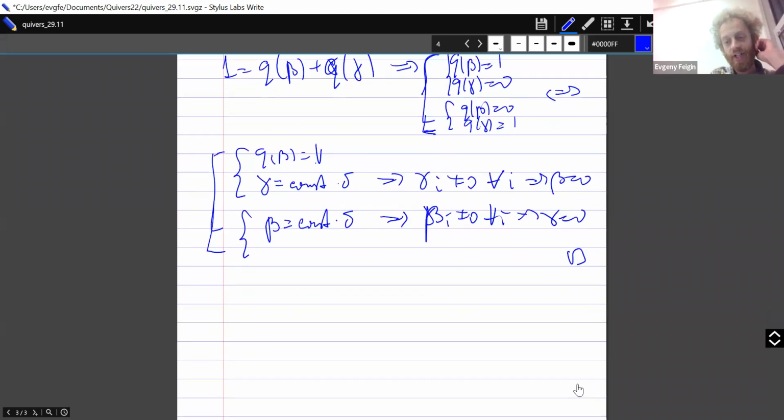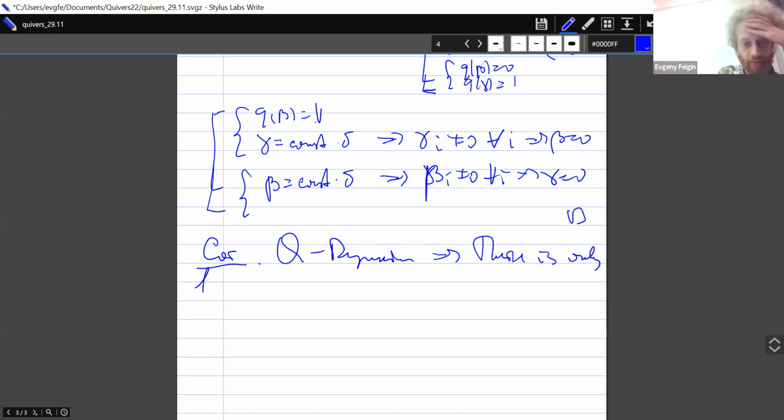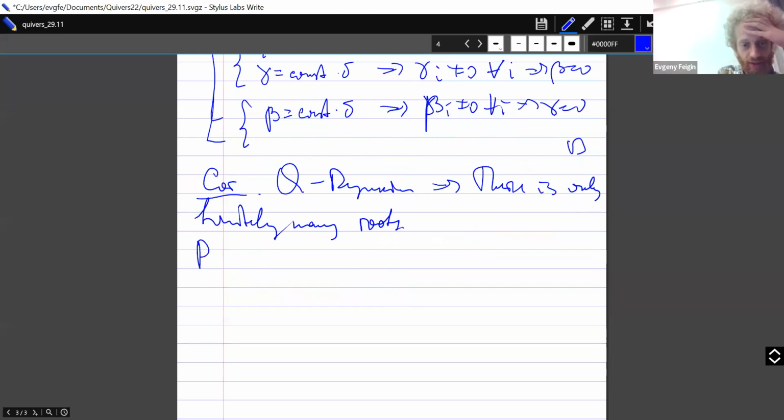Okay, so let's derive a kind of nice corollary from that. Assume that Q is Dynkin. Then we conclude that there are only finitely many roots. And actually the proof is quite simple.